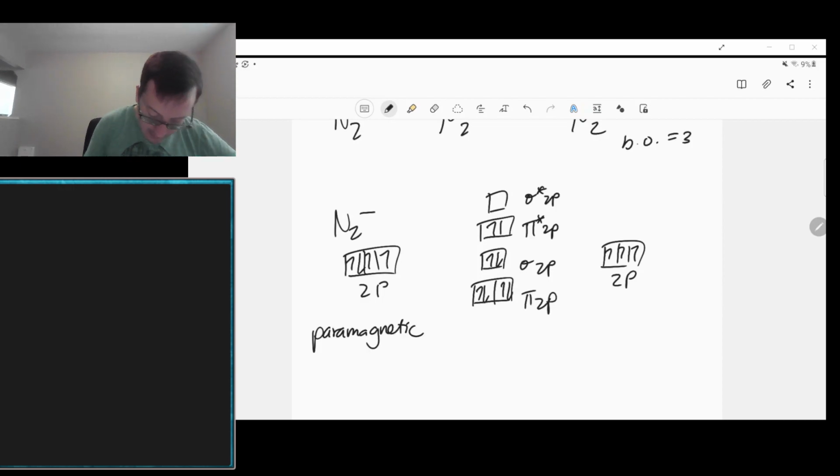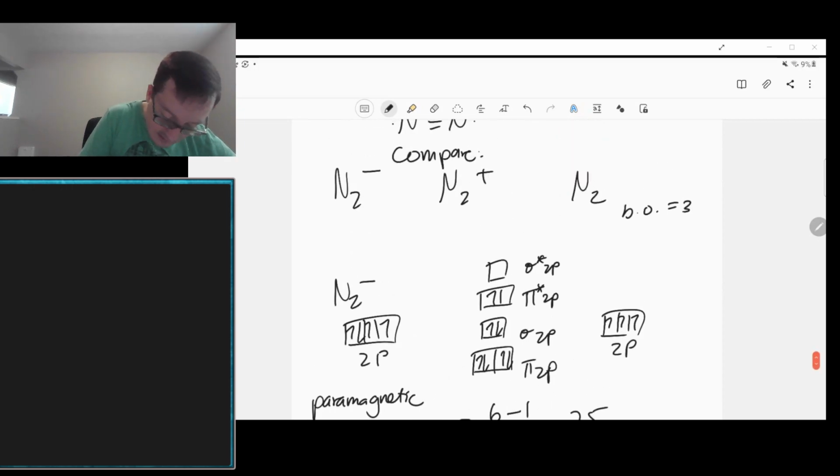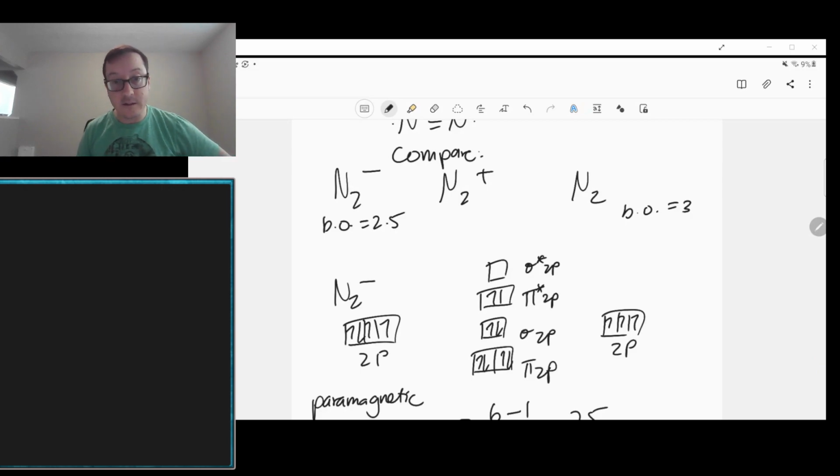We have an unpaired electron. The bond order is going to be 6 minus 1 over 2, which is 2.5. So we're expecting this to be less stable than N2 would be.